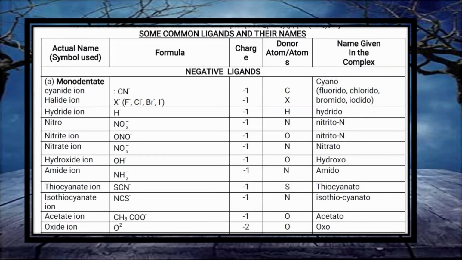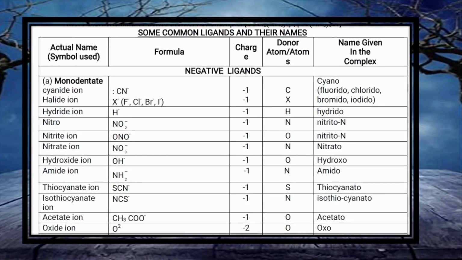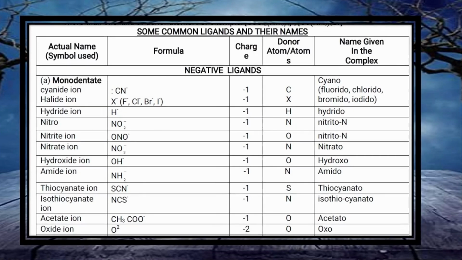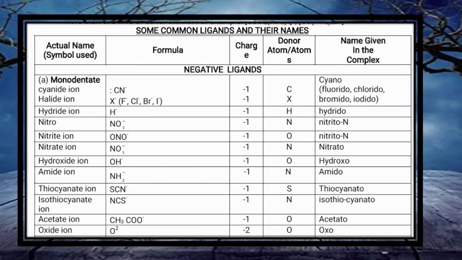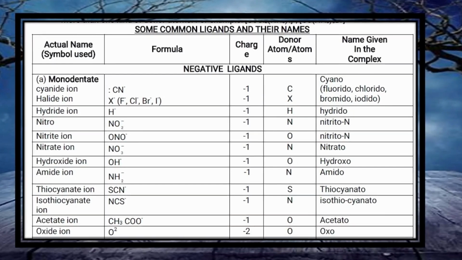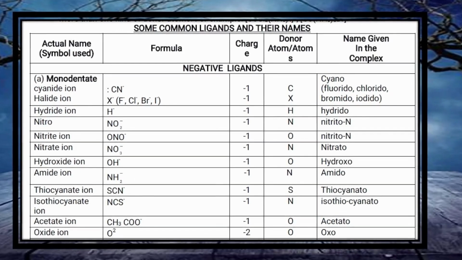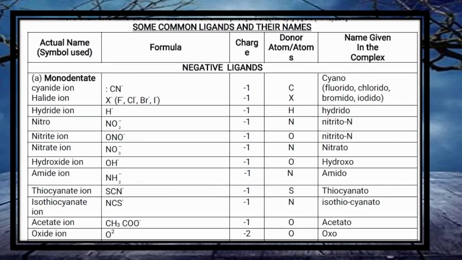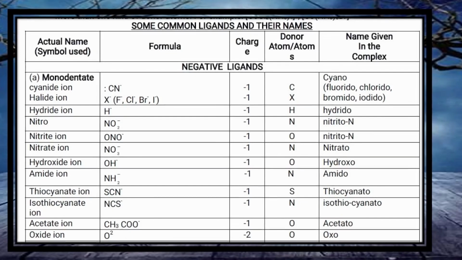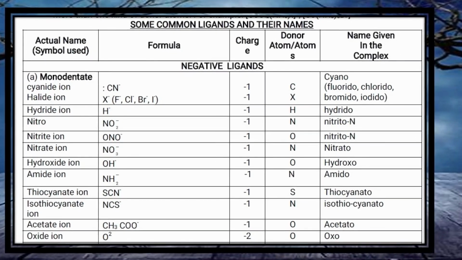In the CBSE examination, an often asked question is, they will give the coordination compound name and they will ask you to write its formula. So in order to write the formula of a coordination compound, you should be thorough with the names of the ligands.